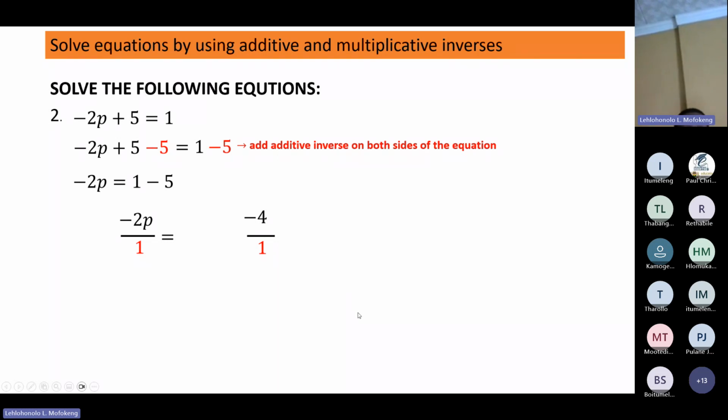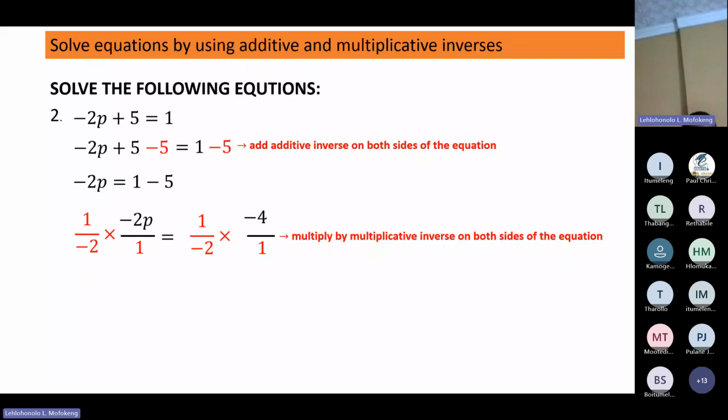Now, we must apply the multiplicative inverse in order to isolate p by moving negative 2. Here we have multiplied by negative half, which is the multiplicative inverse of negative 2 divided by 1. We do so by multiplying both sides.